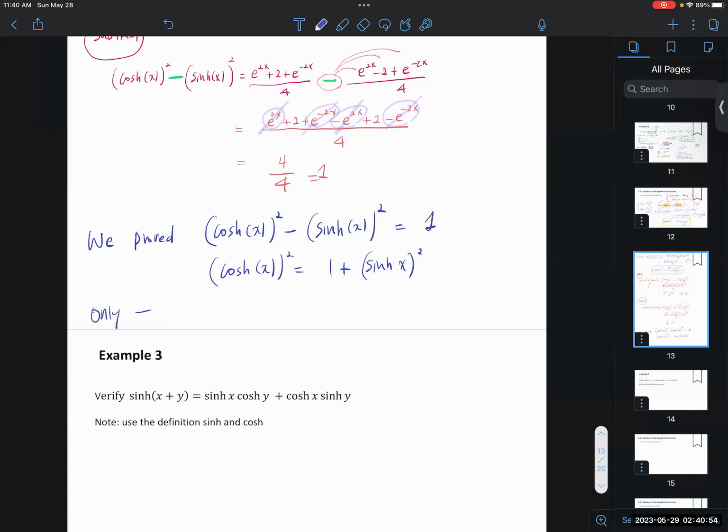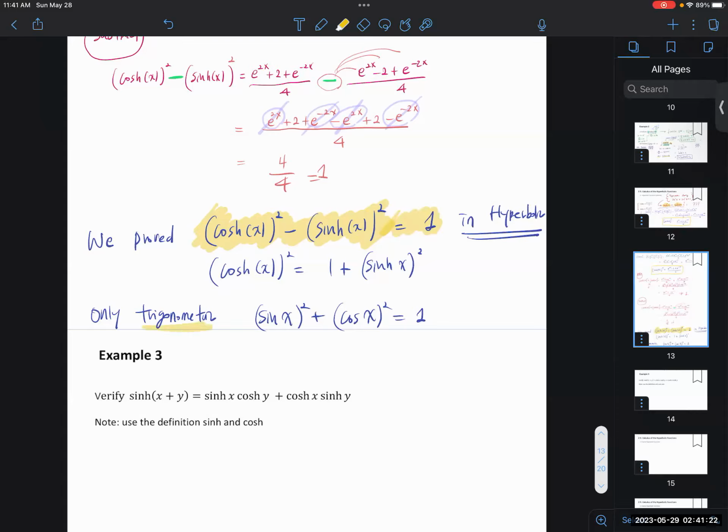only in trigonometric function, sine squared x plus cosine squared x equals 1. This is in hyperbolic function. Okay, so we prove that, very important, cosh x squared minus sinh x squared, that is 1.